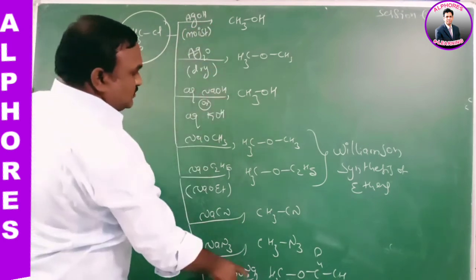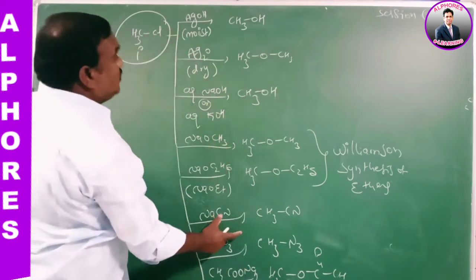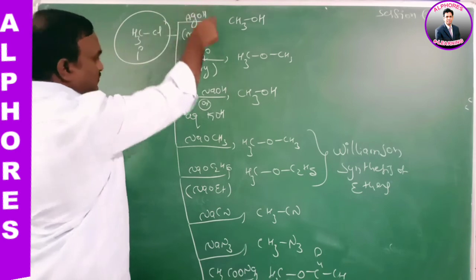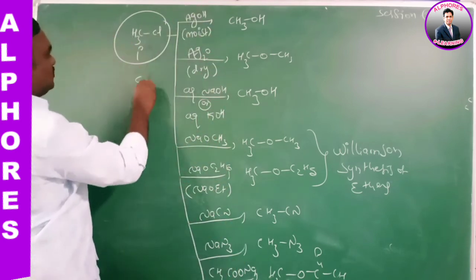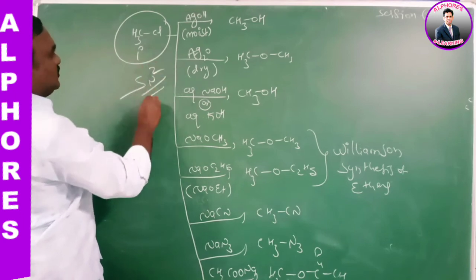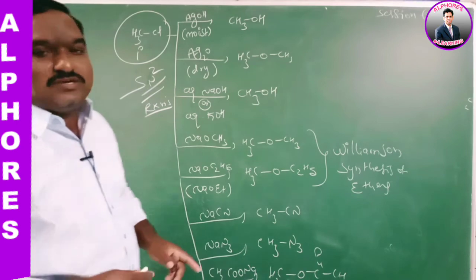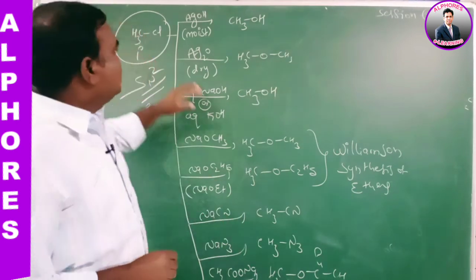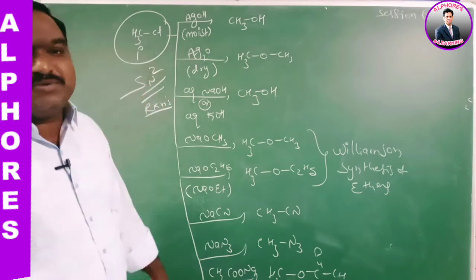All these reactions are substitution reactions. What type of substitution? Nucleophilic: one nucleophile is substituted by the incoming nucleophile. Since the substrate is primary, all these are SN2 reactions. So based on the substrate or reactant, we can explain what type of mechanism is possible.